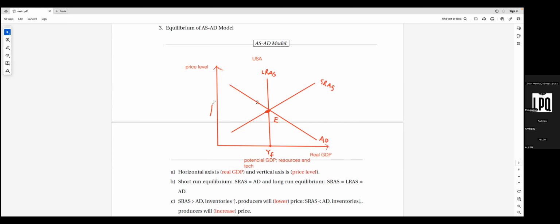Basically, when the general price level increases during a shorter period of time, all the producers are willing to produce more. So it is a positive relationship, and short-run AS is a positively sloping curve. AD is a downward sloping curve. It's the same as the demand curve we did in microeconomics. It still is a downward sloping curve.